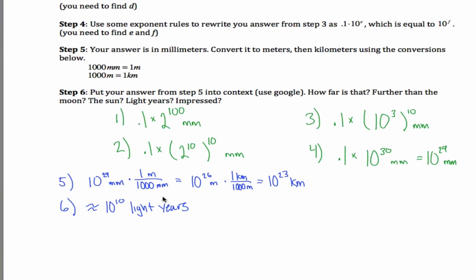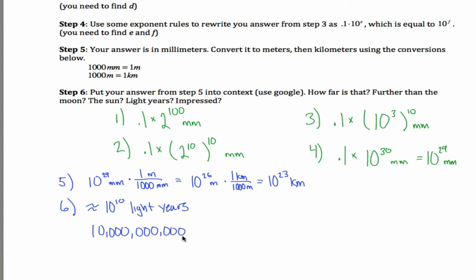Oh wait, 10 to the 10th power, that's a 1 with 10 zeros after it. What we're saying is that our stack of paper would be 10 million light years tall. No, we're not.